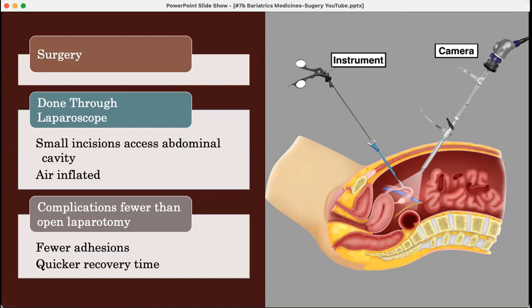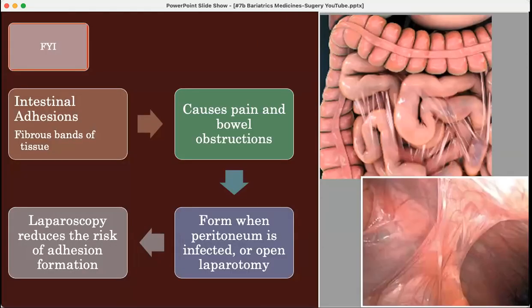The advantage is a huge advantage with decreasing adhesions, because the GI tract will develop adhesions or stickiness, and they'll get kinks and obstructions. And patients also have less time that they need for recovery and to get out of the hospital. These are what adhesions look like. The upper is just a depiction of what these adhesions look like.